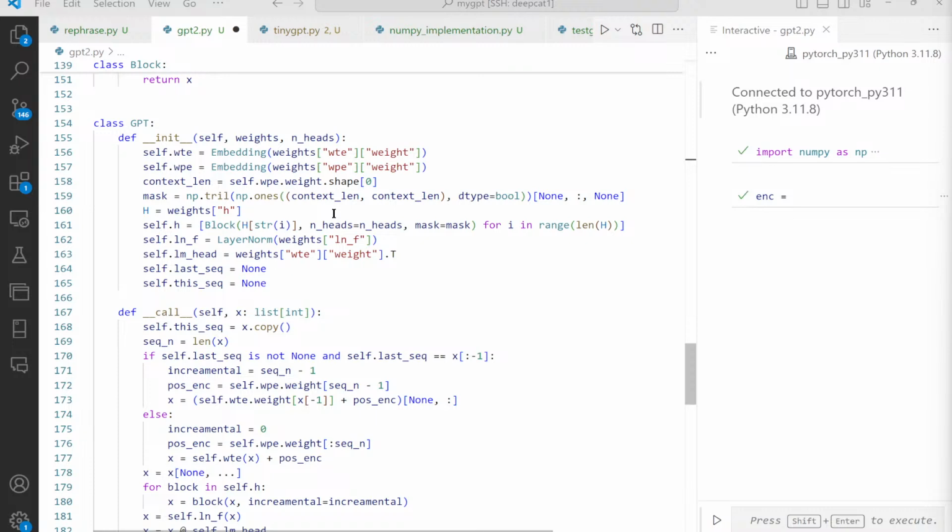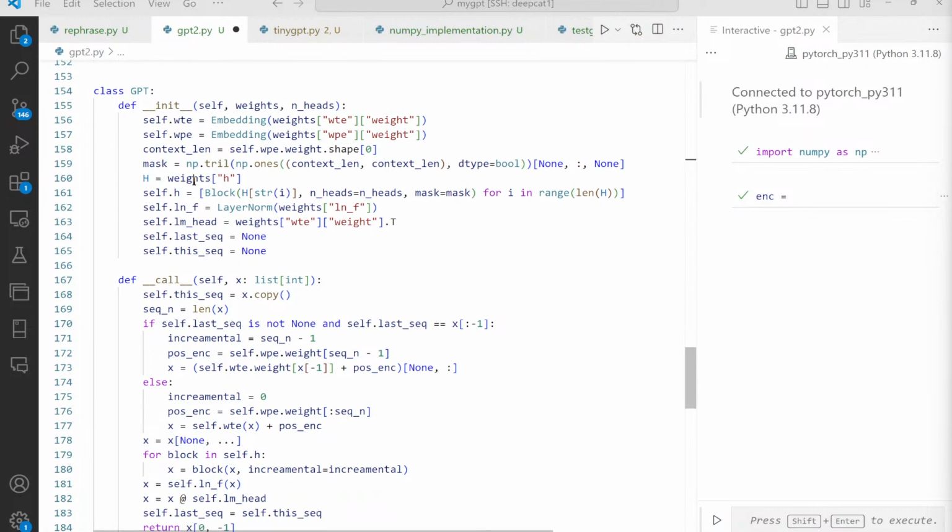So it will effectively form a triangular matrix. We define our mask in this way.